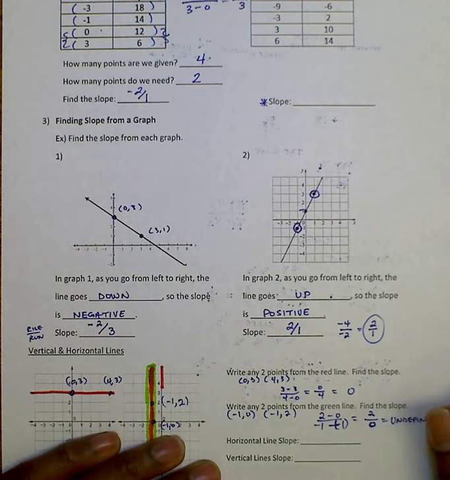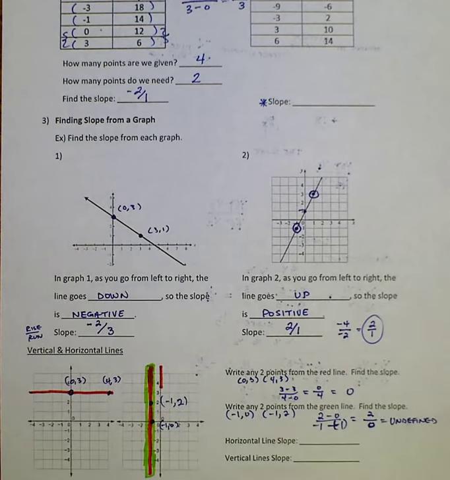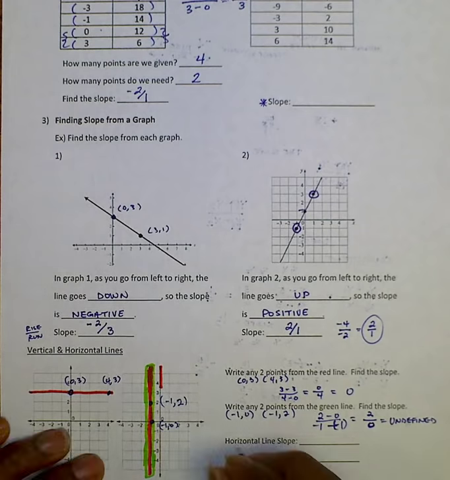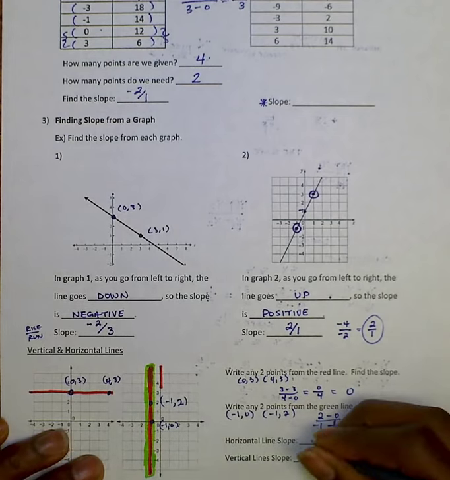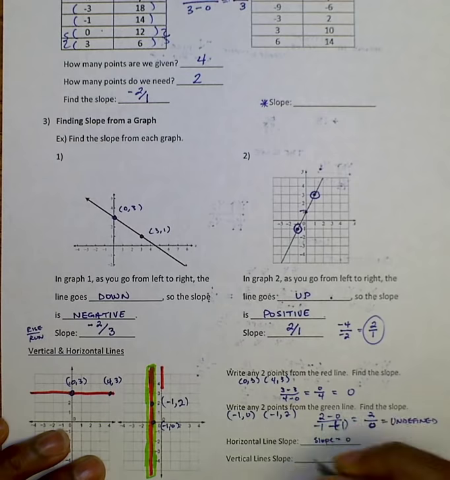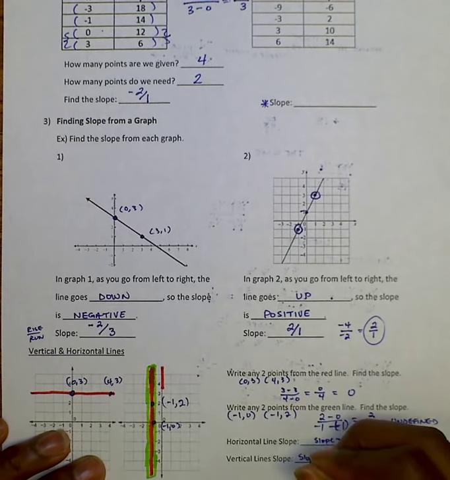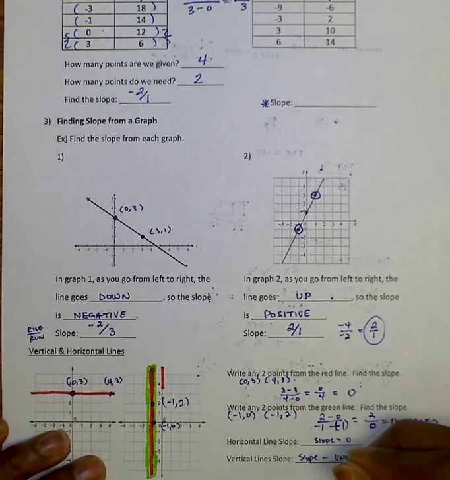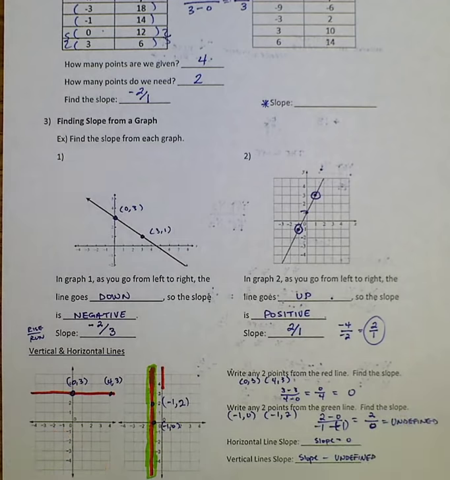Okay, and all horizontal lines and all vertical lines will have the same slope. So all horizontal lines will have a slope of 0. All vertical lines will have an undefined slope. You might hear some people say no slope, but undefined slope.